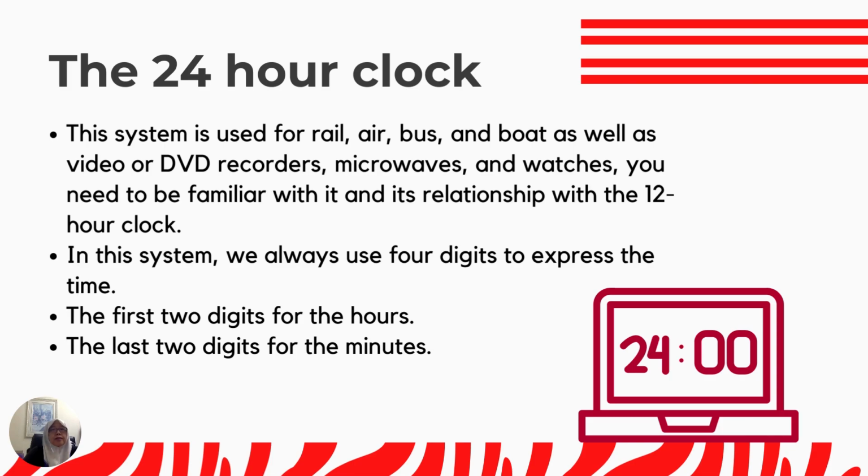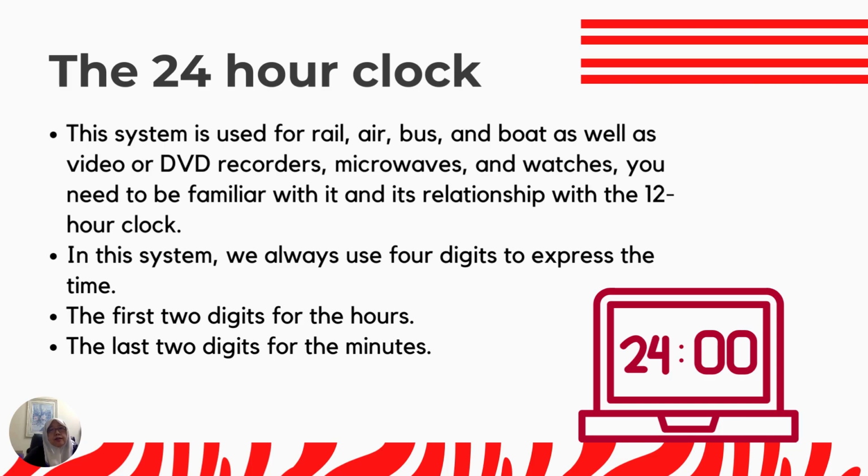All right. Let's look at the second type of clock, which is called the 24-hour clock. This system is actually used a lot, and you can see it for yourself at the railway station, the MRT station, the LRT station, and airports. They will tell you when you're supposed to board the plane.